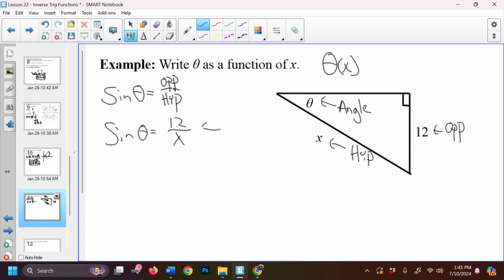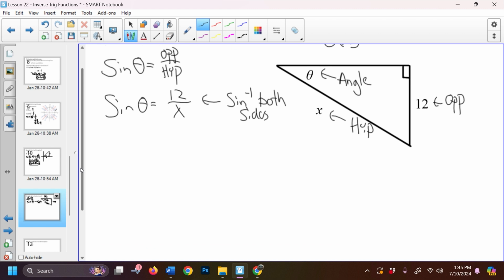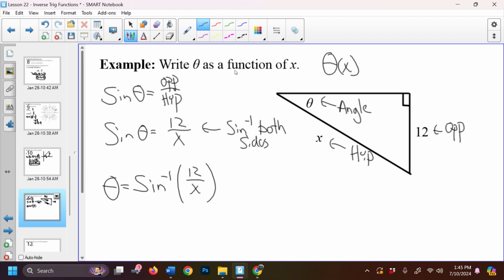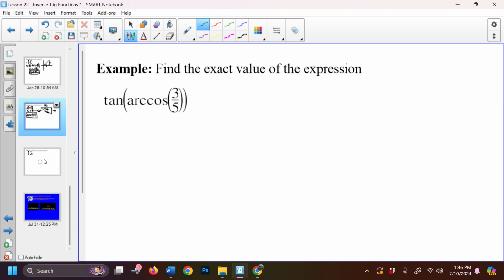So I'm going to take the arc sine of both sides. And that will give me theta is equal to the arc sine, the inverse sine of 12 over x. So now I have theta as a function of x. Theta is by itself. The only variable on the right-hand side is x. I'll put a box around that and call that one done.